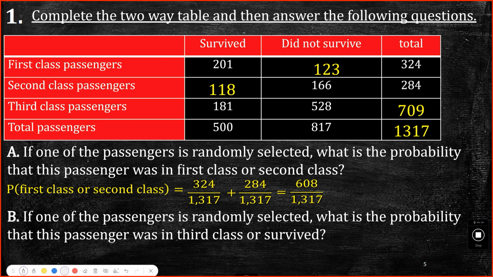Last one here, I think, for this. If one of the passengers is randomly selected, what is the probability that this passenger was in third class or survived?